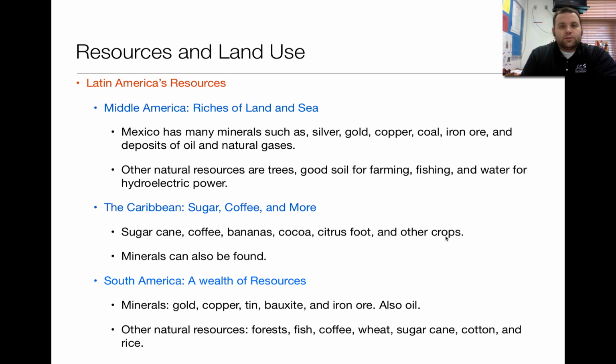So Latin America's resources. A vast range of resources here in Latin America because of the various landforms. If we look at Middle America, which would be your Mexico, your Guatemala, Honduras, and that region there, there are lots of different minerals such as gold, copper, coal, iron ore, which is used to make steel, and also deposits of oil for gasoline, and then natural gases as well.